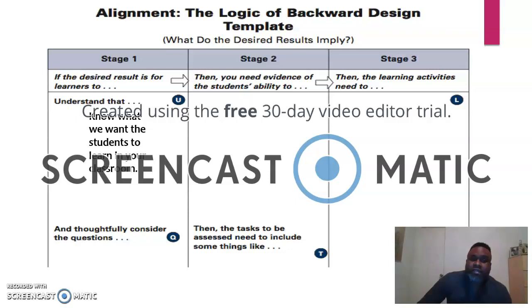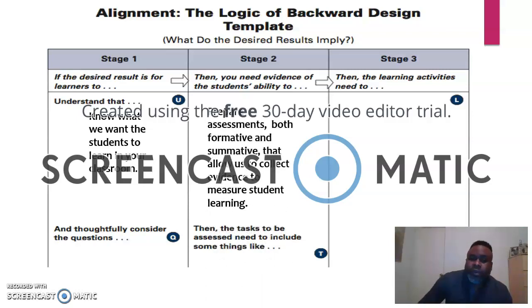If the student is given the information on what they are creating, what their final goal is, I think that student is better suited to do well in your class, because we don't have to hide information from our students. We can let our students know what it is they are creating. So stage one, know what we want students to learn in your classroom.